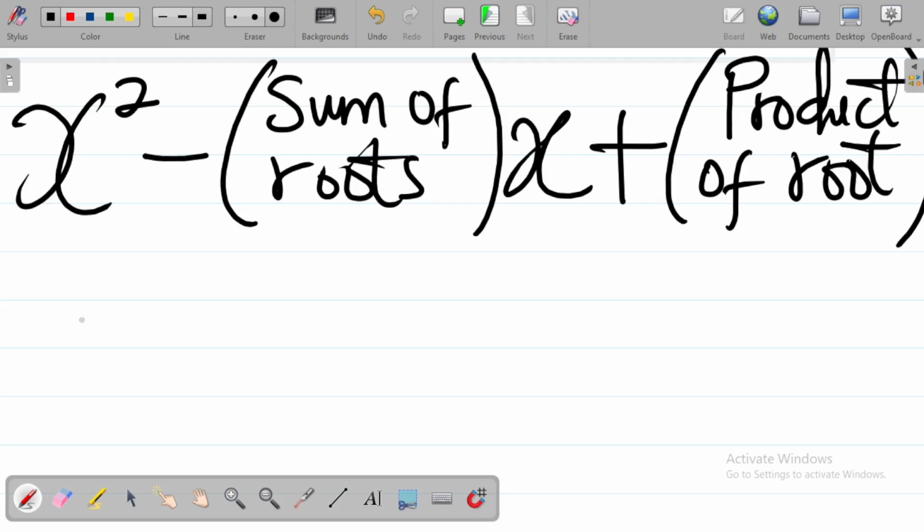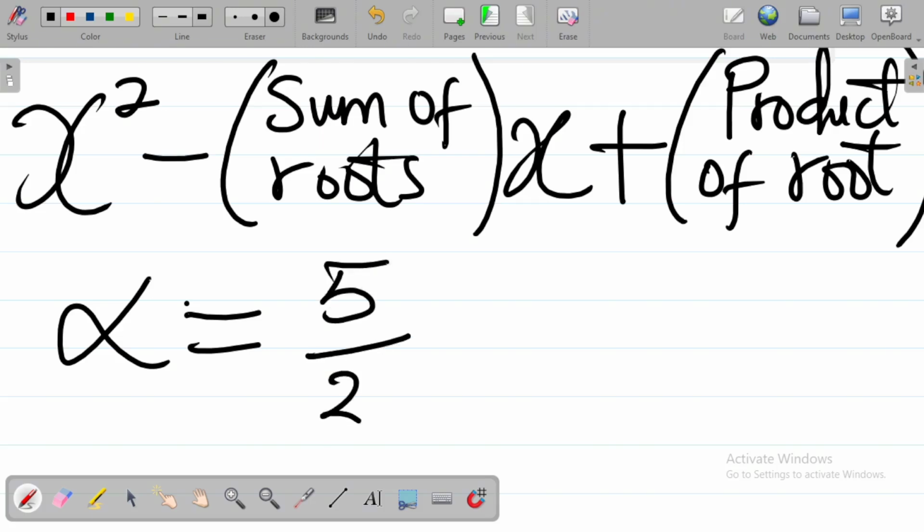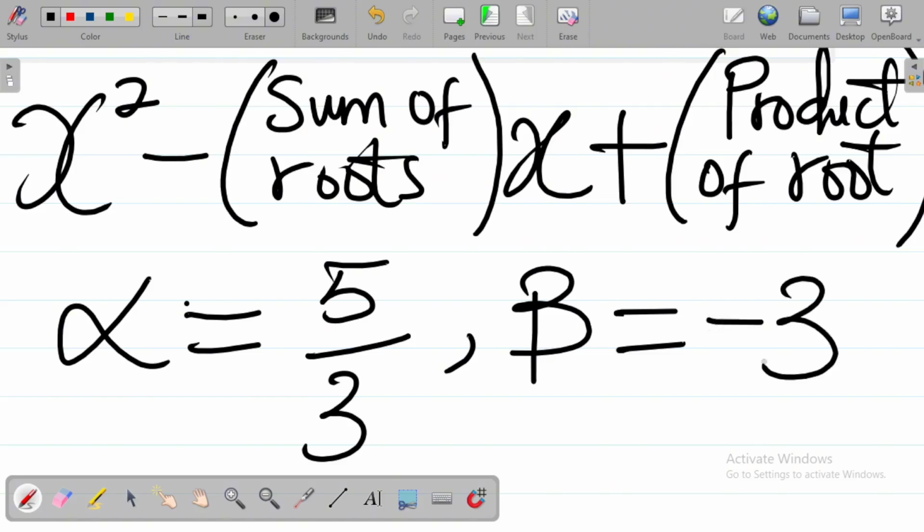Alright, from the question we have that alpha, which is the first root of the quadratic equation, is equal to 5 all over 3. And then beta from the question is equal to -3.